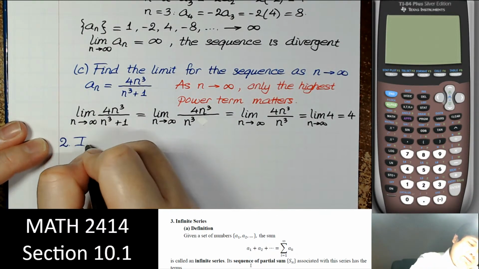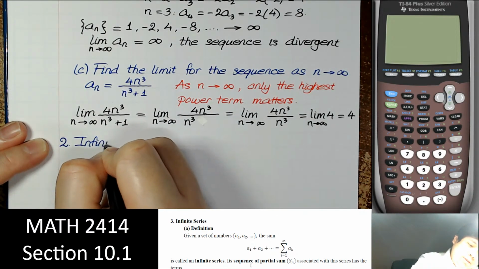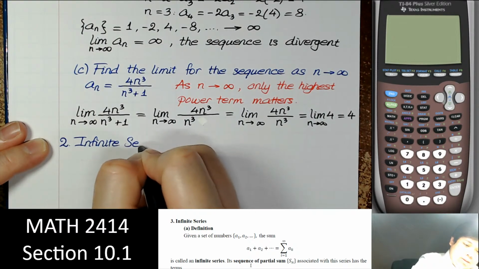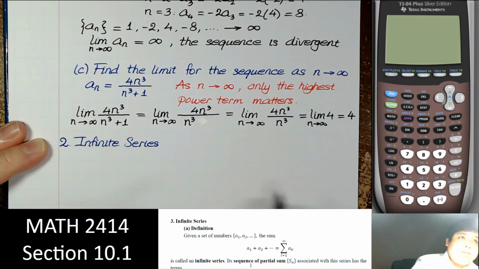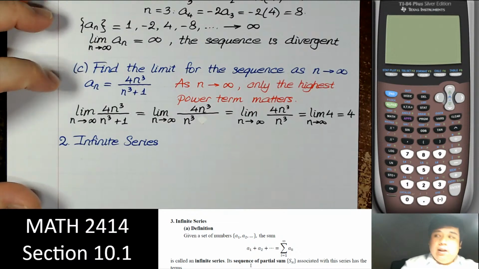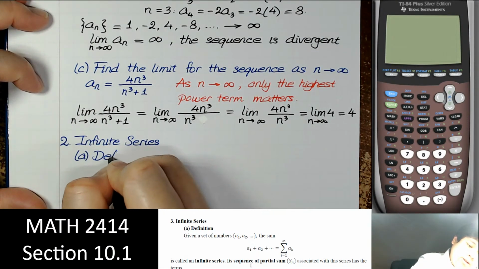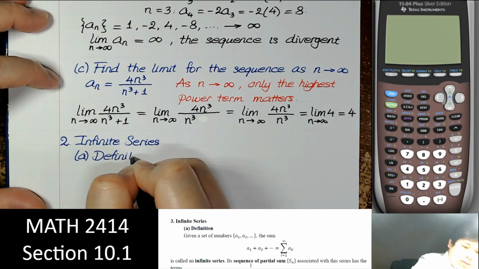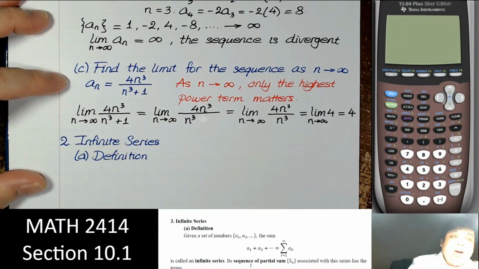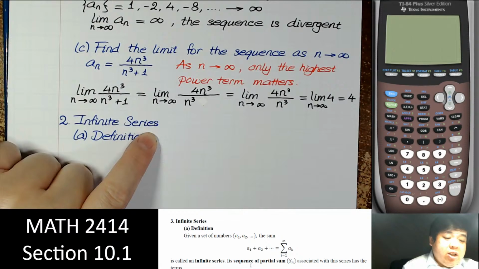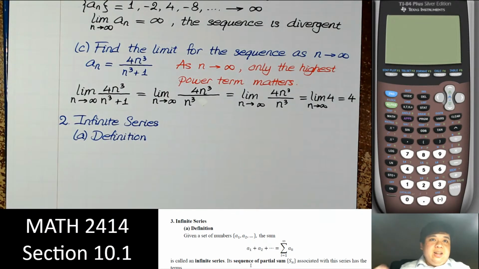Infinite series. A. Definition. By the way, the infinite series, the series always ends with an S. But sometimes it is not. We use that as a singular form, but with an S.